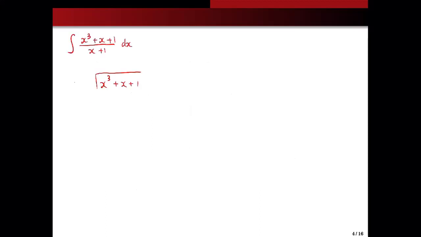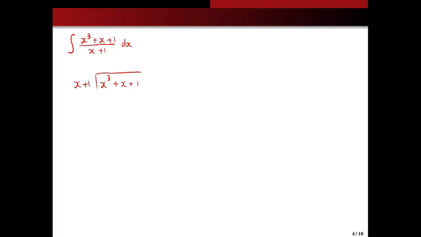So in here, you have x cubed plus x plus 1 divided by x plus 1. I hope you still remember this. If not, listen very carefully. From the dividend, you get the term that you want to divide, for example, this x cubed, and divide it by the leading term in your divisor.